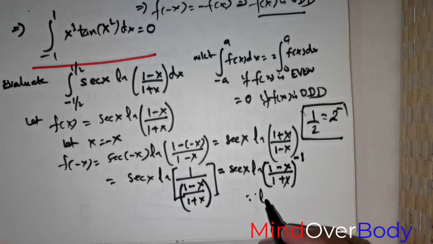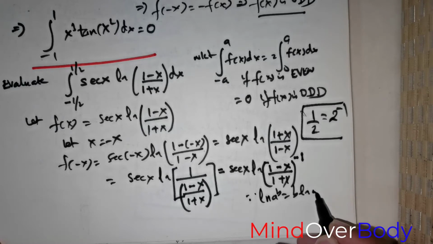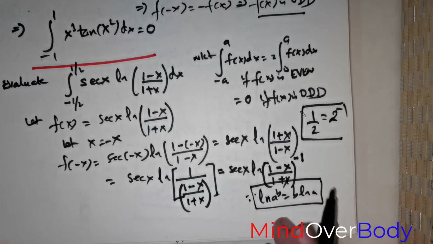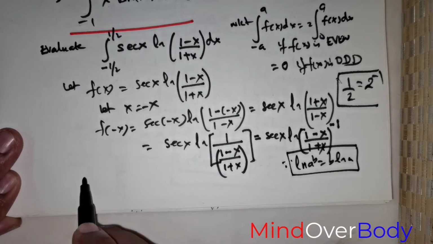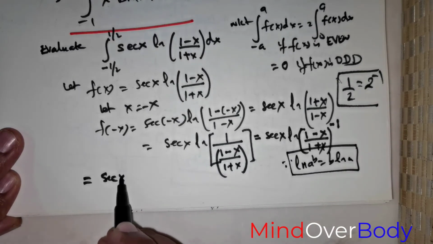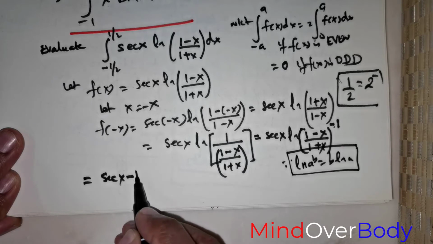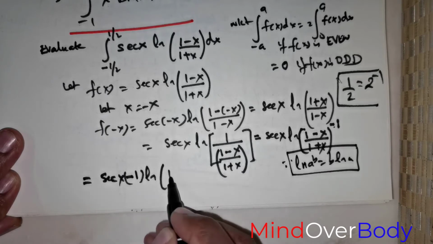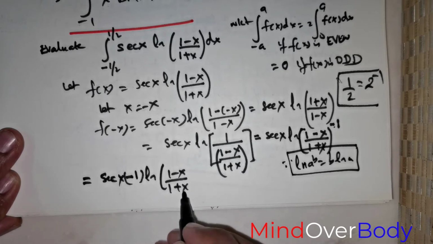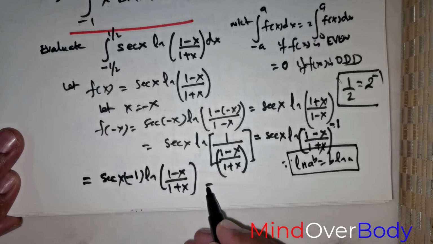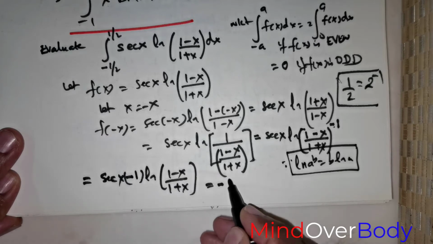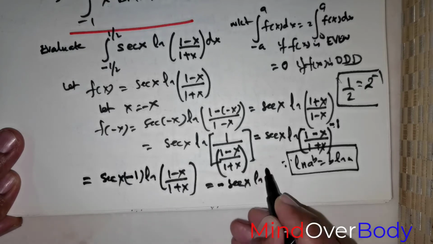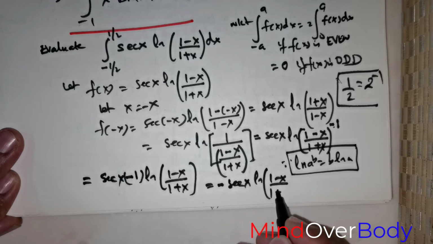But we know that ln of a raised to the power of b is equal to b times ln a, right? So this is equal to secant x times negative 1 times ln of (1 - x)/(1 + x). Taking the negative sign out, it is secant x times ln of (1 - x)/(1 + x).